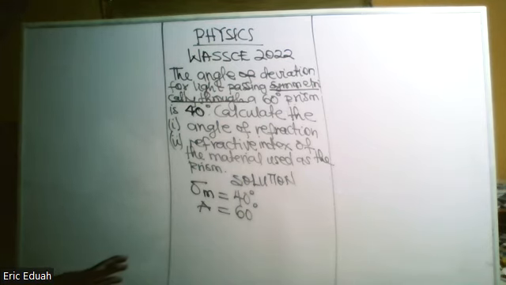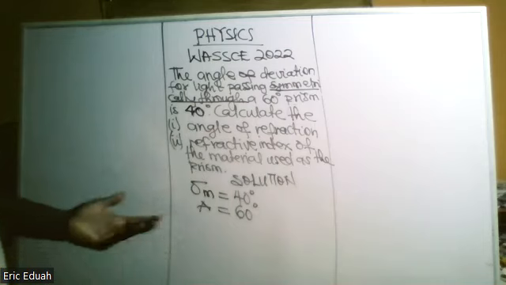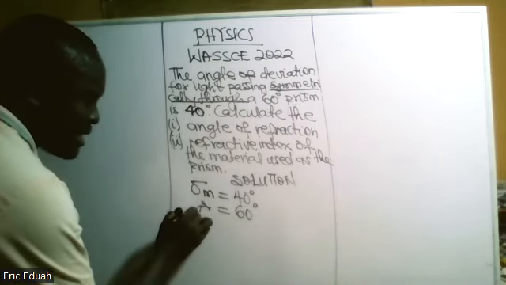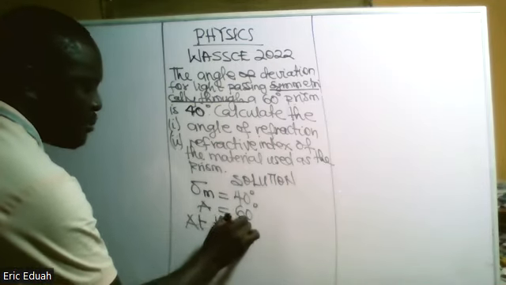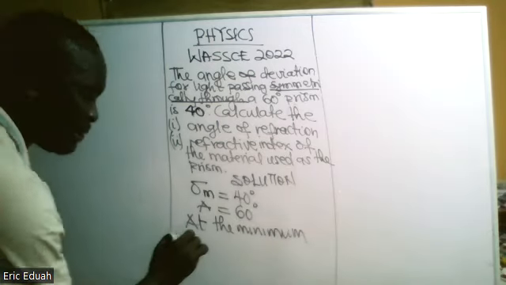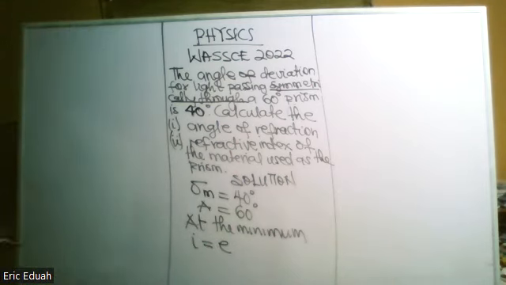So we have to calculate the angle of refraction. You know that at the minimum deviation, these are what happens. 1, I is equal to E, angle of incidence is equal to angle of emergence.